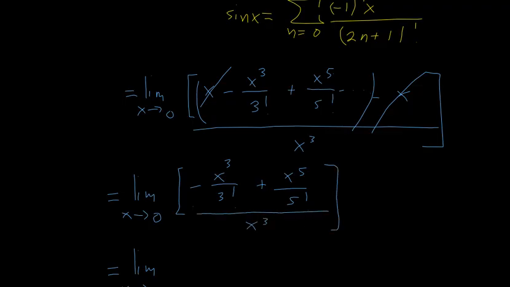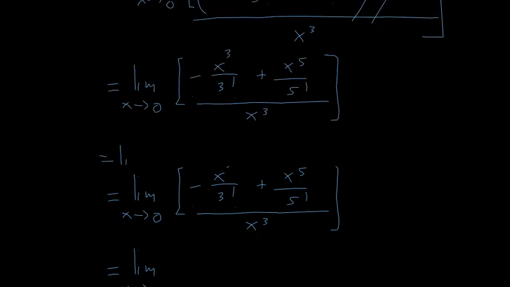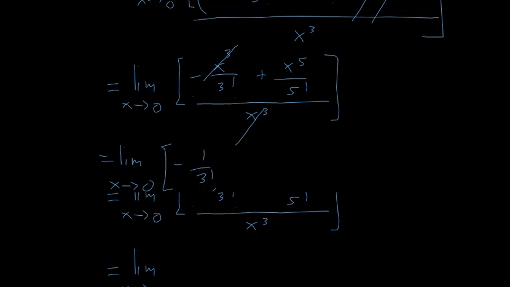Next step is to look at the limit as x goes to 0. If I'm dividing by x cubed, this gets canceled, I'm left with negative 1 over 3 factorial. Then x to the 5th divided by x cubed gives x squared over 5 factorial.